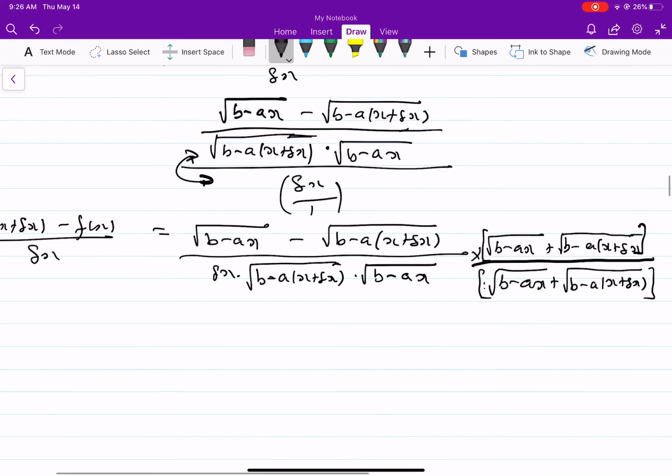Okay, if I rationalize my numerator, it's first by first minus last by last.